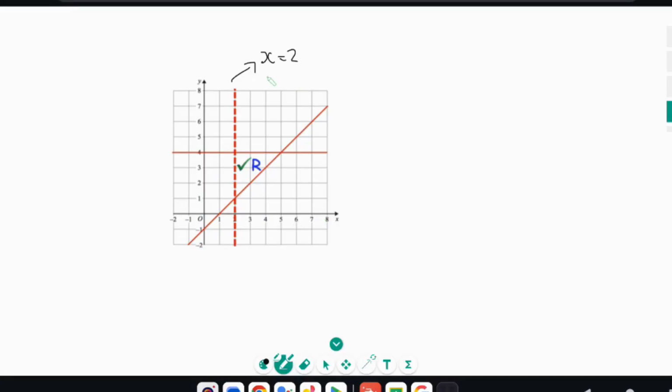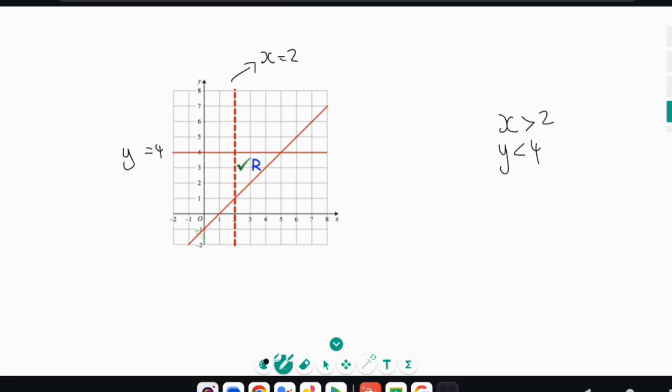So can you see the region is on the right of x equals 2? So your first inequality is x is bigger than 2. Here, this line is y equals 4. The region's below. So y is less than 4 is your second inequality.